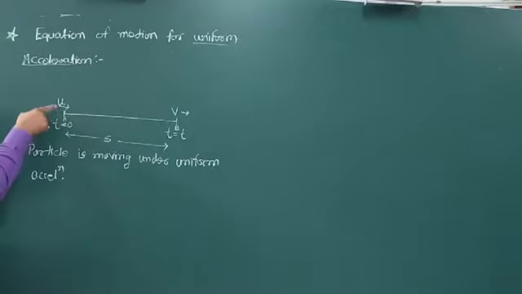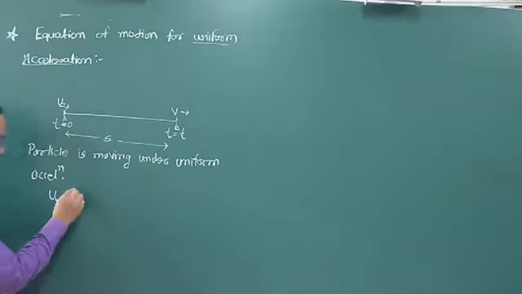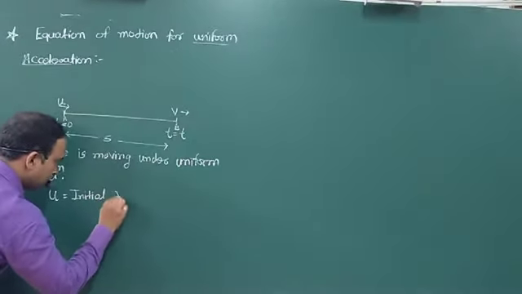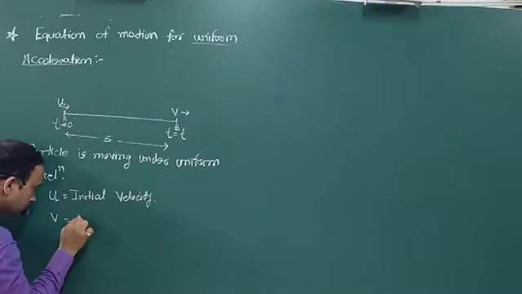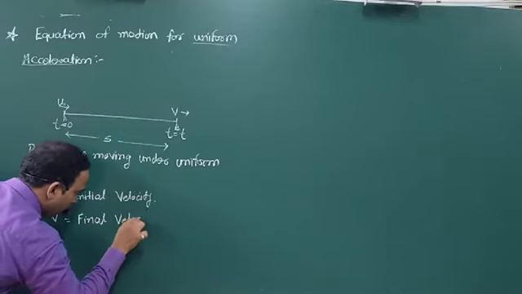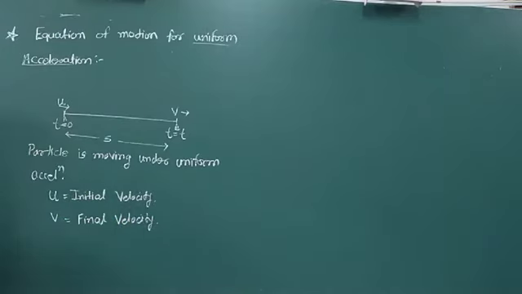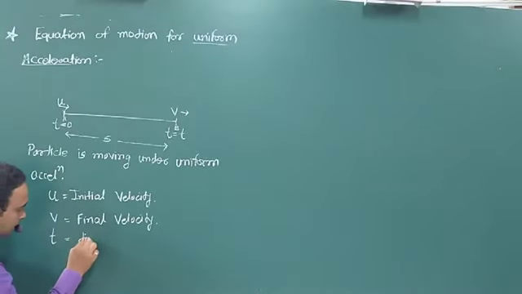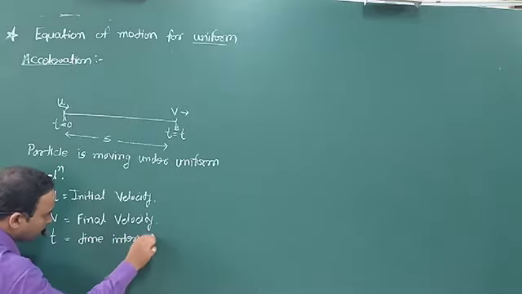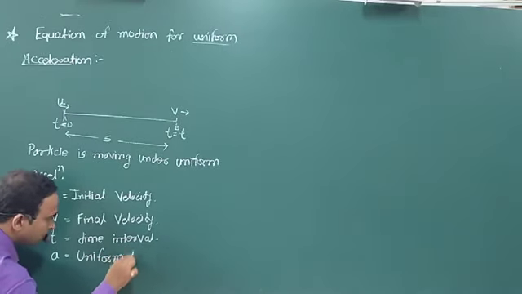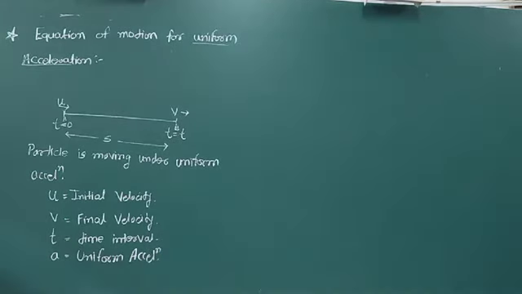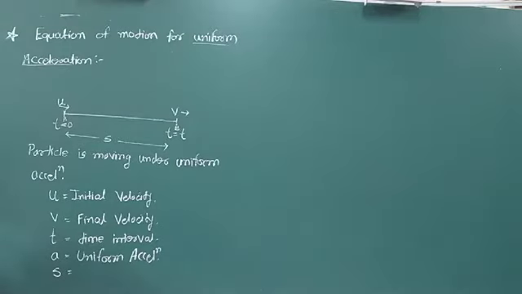Now see, let u be the initial velocity, v be the final velocity of that particle, t be the time interval, a be the uniform acceleration, and s be the displacement.